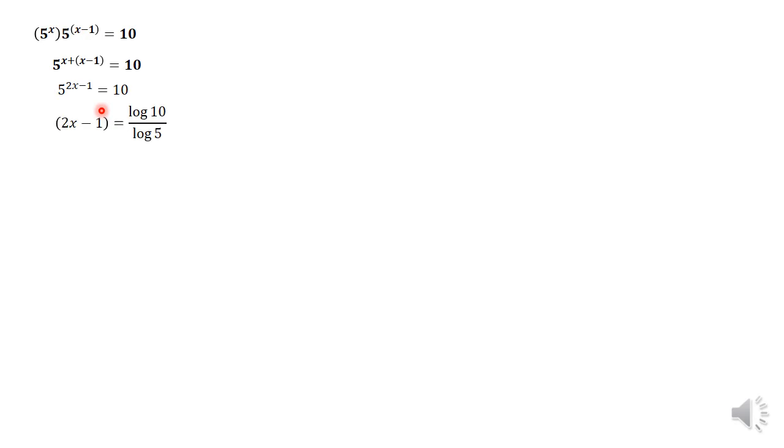Now, moving further, the expression changes to what you have on your screen there. Someone is wondering how we arrived at this. If you take log to base 10 on both sides, you get log of 5 raised to power 2x minus 1 is equal to log of 10 to base 10.